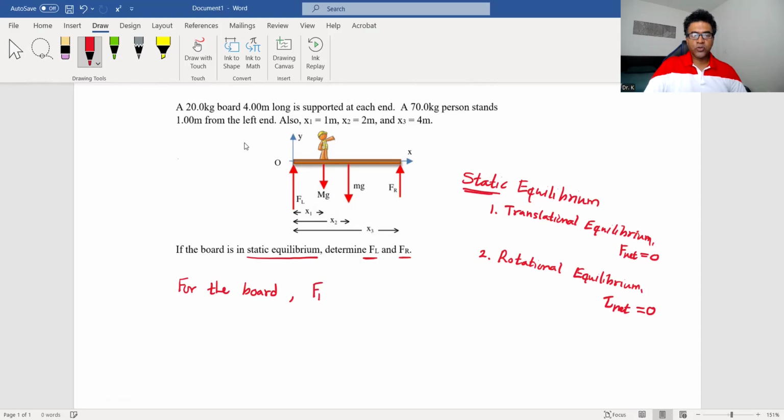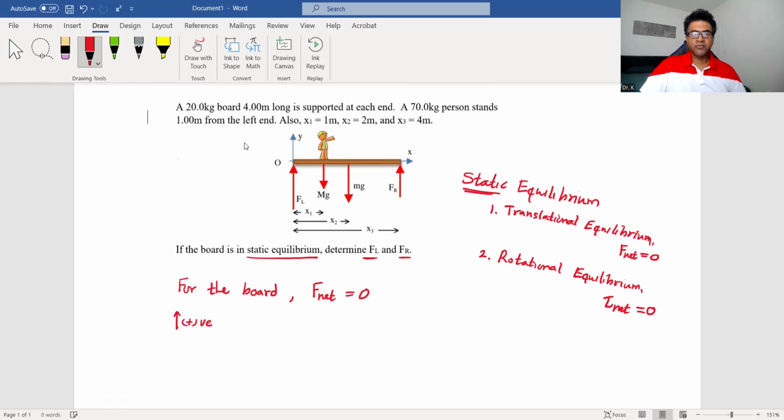The net force is equal to zero. That's one condition that needs to be satisfied since the board is in static equilibrium. Since we are dealing with forces, which are vector quantities, let's consider the upward direction as the positive direction.